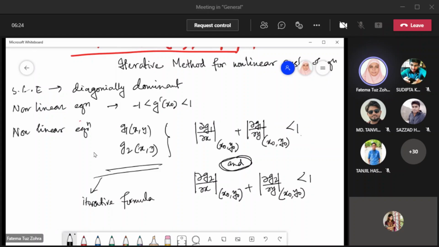So if it is true, then you can say that equations g1 and g2 will be used as iterative formulas. So this is the condition for a nonlinear system of equations.